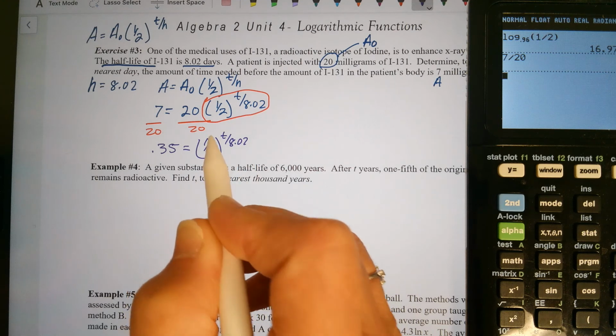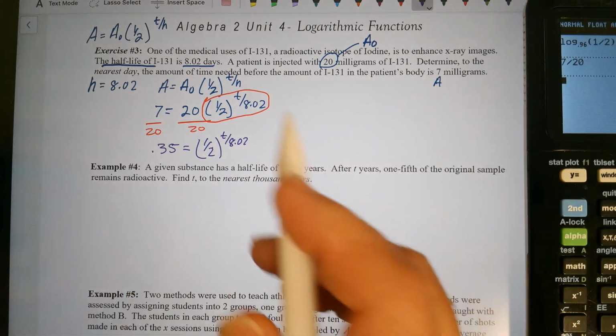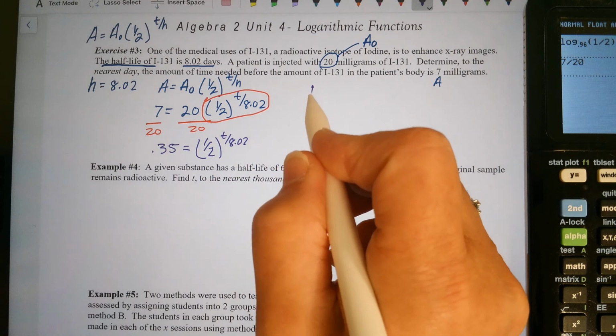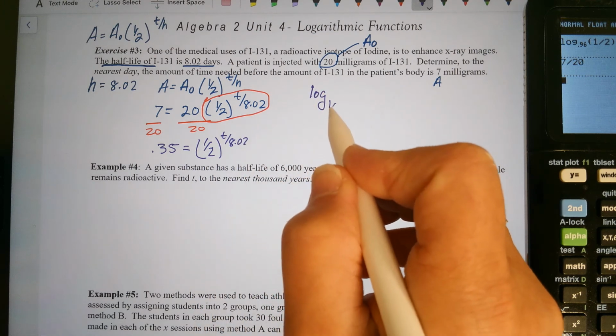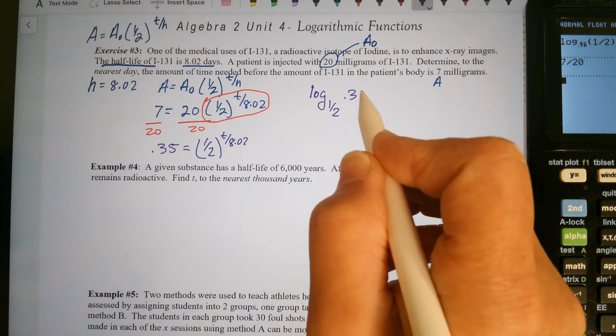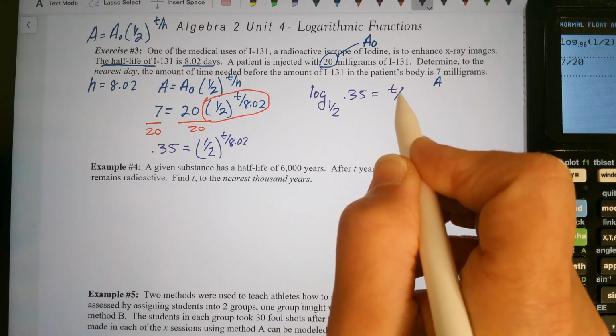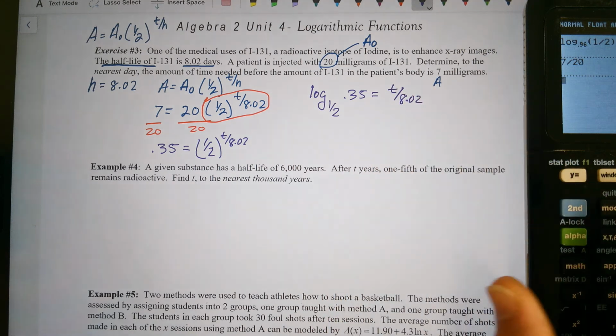We have our base and exponent isolated. So now switch to log form. Log base 1/2 of 0.35 equals t divided by 8.02.